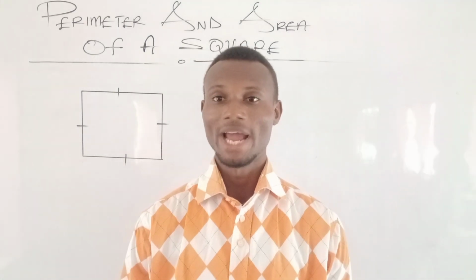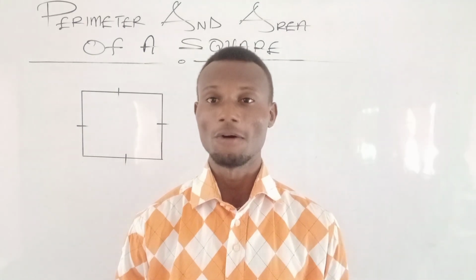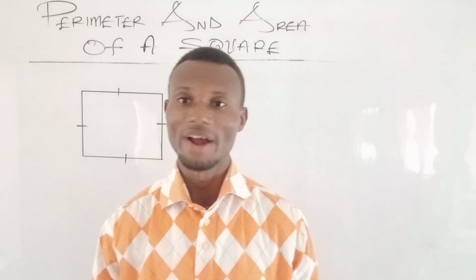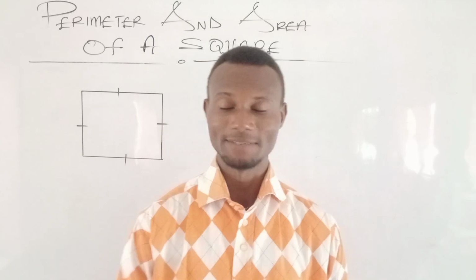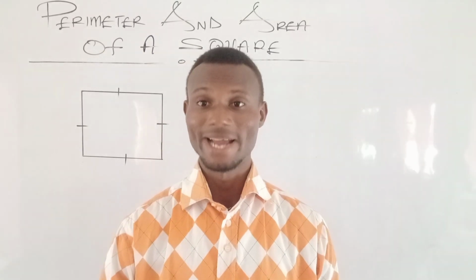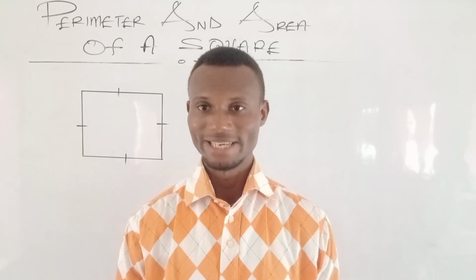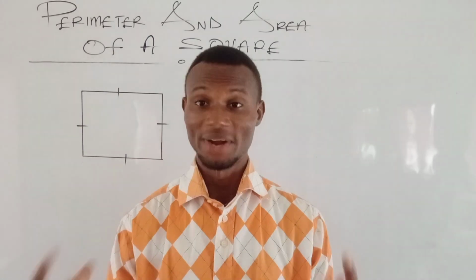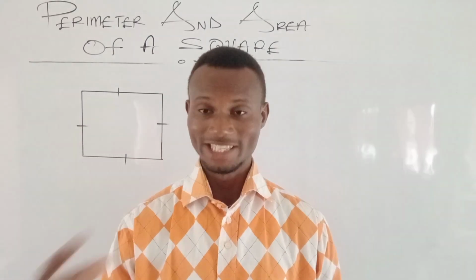When we say perimeter, the perimeter of any plane figure simply refers to the distance around the plane figure. The summation of the distance around the plane figure is what we call its perimeter.